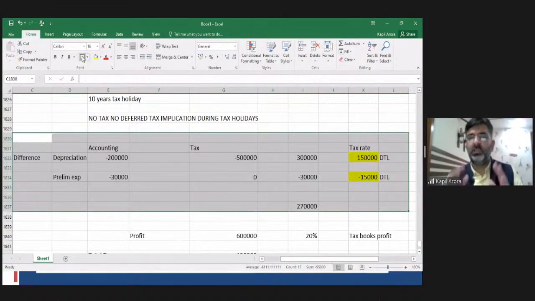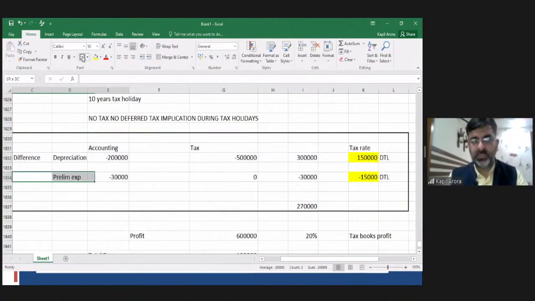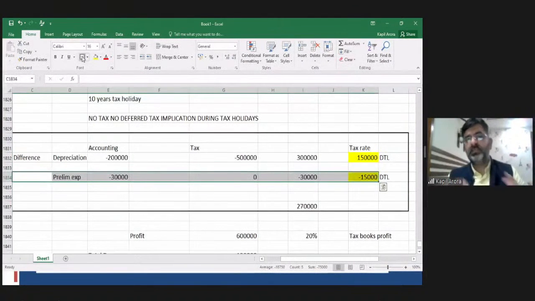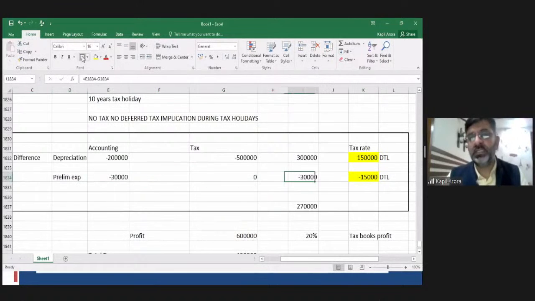So requesting all, please ignore the last point which we discussed about the prelim expenses. As per the understanding now, if prelim expenses as per tax record is unamortized sitting there, it means that tax books has not allowed that 30,000, whereas accounting books has allowed 30,000. When tax books has not allowed 30,000, it means there is a gap. The gap is that I am going to get the benefit in the future.